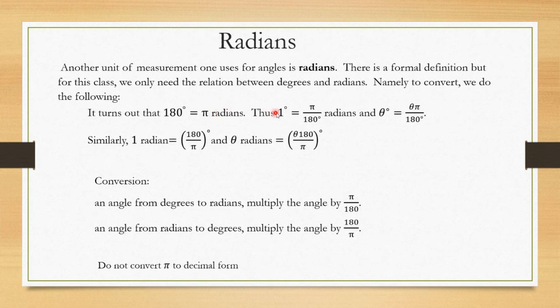And from there, you can get these equations. 1 degree is pi radians over 180 degrees. Again, we get that from here. Basically, you divide both sides by 180 degrees. And theta degrees turns out to be theta times pi over 180 degrees.